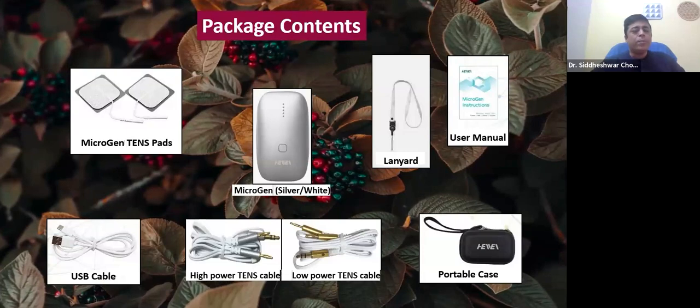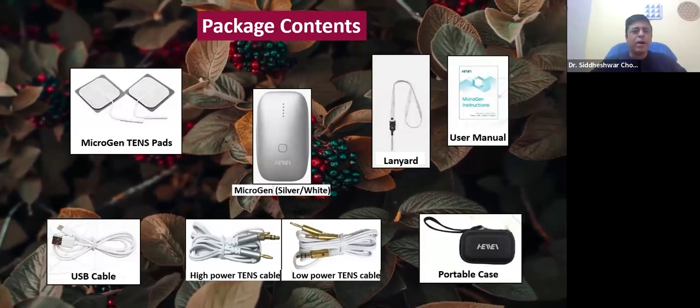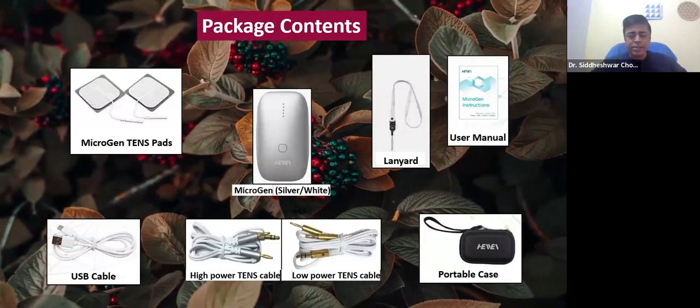When you purchase your HeaWea, these are the accessories available with it. So just have a look here. When you buy the package, you get MicroGen TENS pads. You get a choice of white color MicroGen or silver color MicroGen.